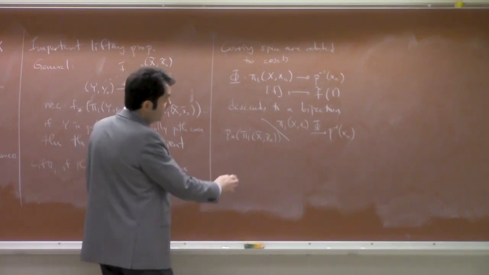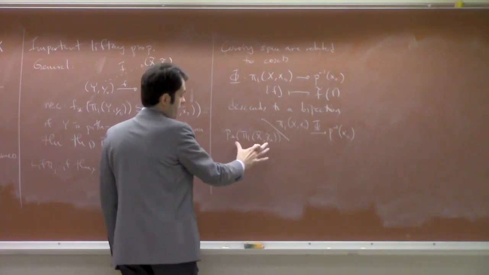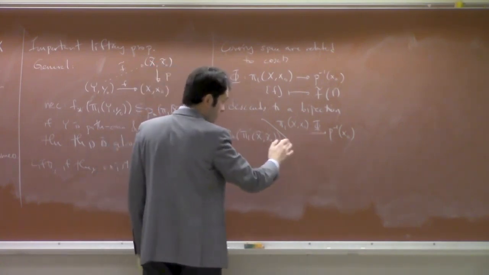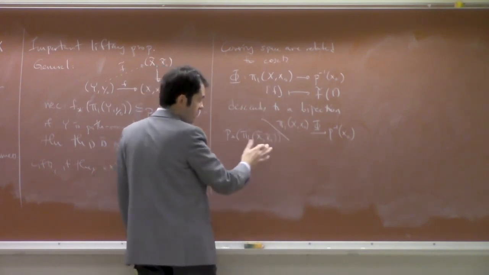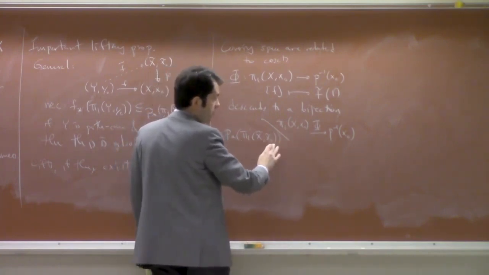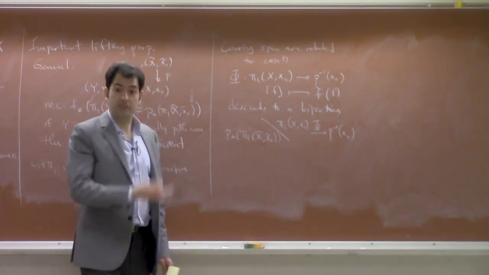So we're going to expand on the relation between covers and subgroups. One relation between a cover and a subgroup is that if that subgroup is the image of the fundamental group, then the number of cosets is the same as the number of sheets.